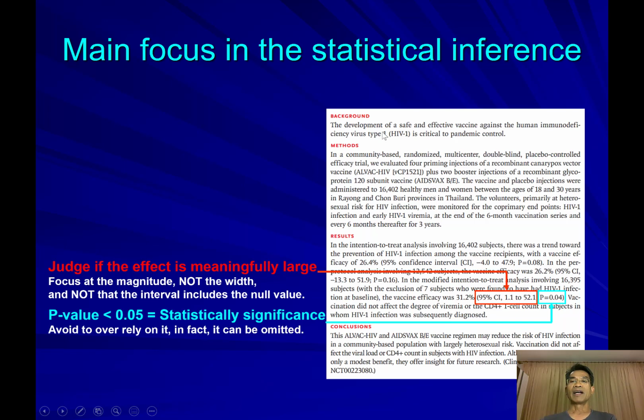I put it here, avoid over-relying on it, because in fact it cannot be related to the effect at all. So it can be omitted. I mean, you can skip it, not report it in the paper. Why? Okay, let's take a look.